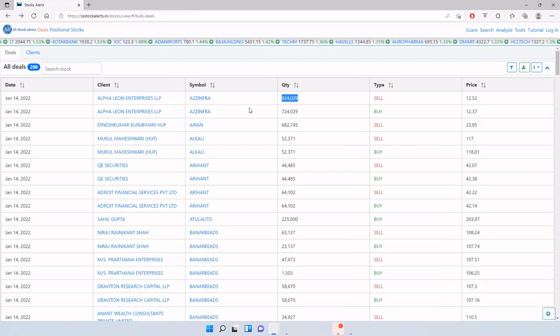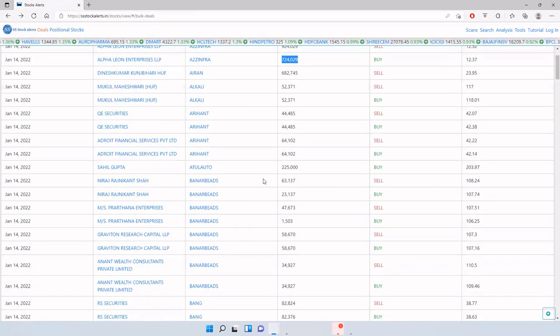Only whoever buys today and sells tomorrow or after 3 months or 6 months, those players will be helpful for us to take a positional trade or for long-term investment. Those types of deals are what we will concentrate on more. Intraday deals just give a volume buzz and there will be more volume on the charts, but it does not indicate anything.